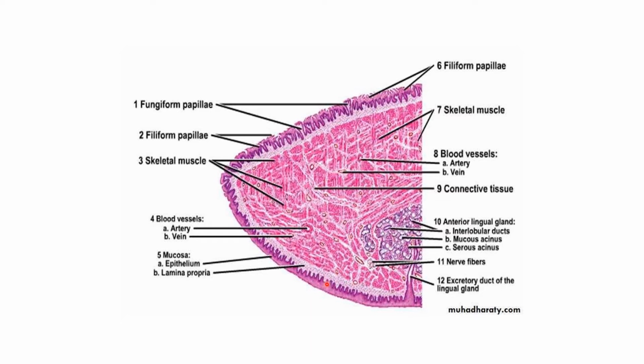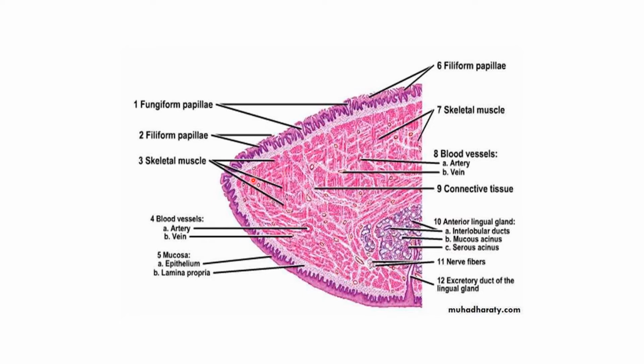It is smooth. There are no papillae present in the epithelium on the ventral surface. When you compare with the dorsal surface, the roughness is because of the presence of the papillae. Papillae are nothing but projections of the epithelium with a central core of lamina propria, or connective tissue.